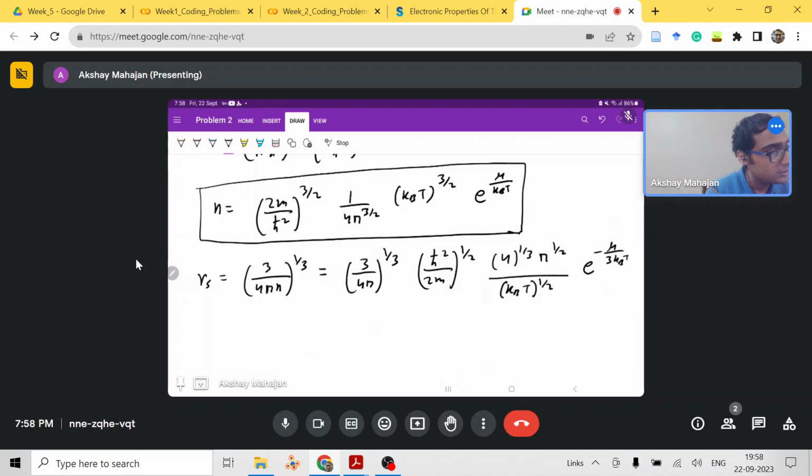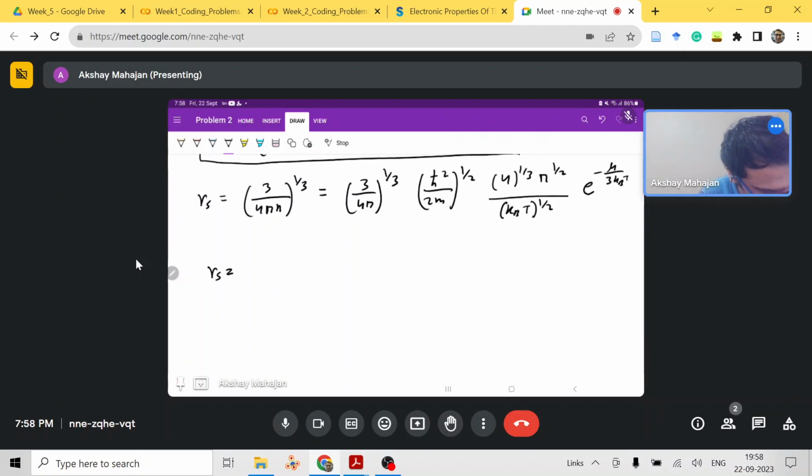So from here our rs will come as e to the power minus mu upon 3 kBT times 3 to the power 1 by 3, pi to the power 1 by 6. This is just manipulation: if you do 1 by 2 minus 1 by 3, it is 1 by 6, h-bar times 2m kBT.